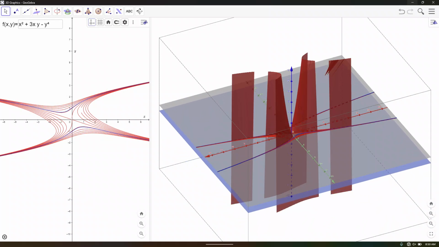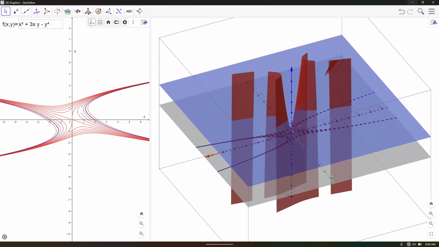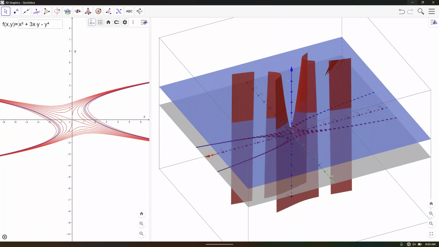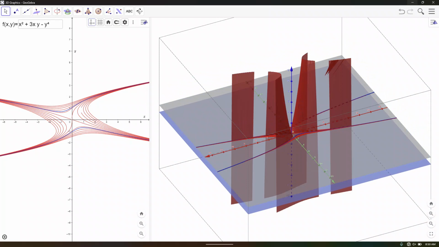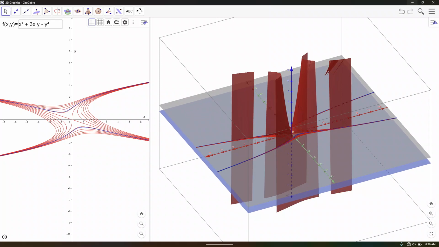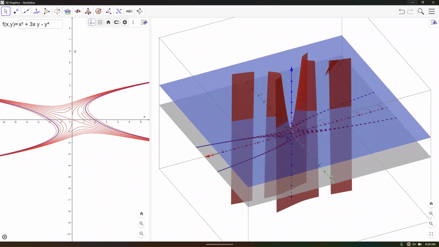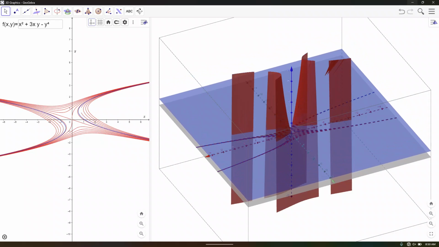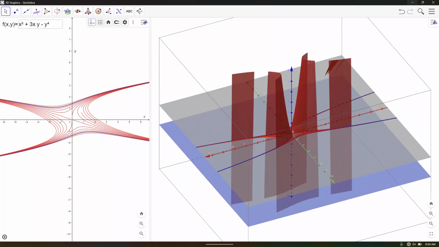Well, these are very complicated curves to do by hand. So just look at the generating function, x squared plus 3xy minus y to the 4. Well, that's not one of the known surfaces, like the 6 basic we learned back in the previous chapter. So for this one, I'm just showing you an animation so you can see how these level curves are generated by intersecting a surface with a plane, and the intersection curve gets projected onto the xy plane.